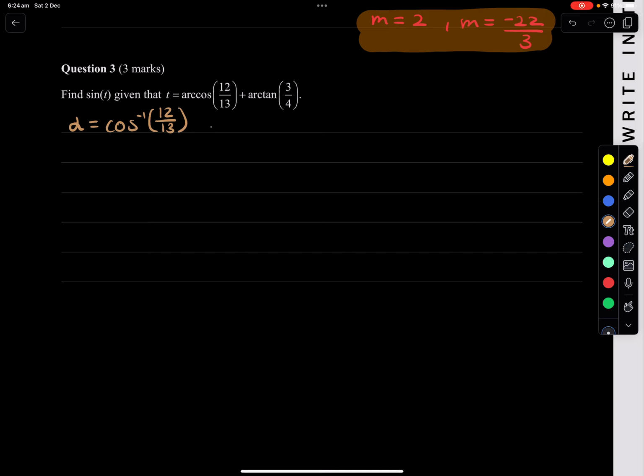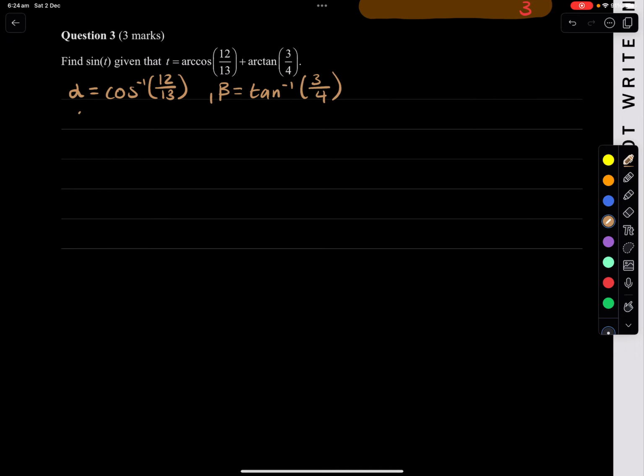And let's call beta another angle, which is this over here. So we're saying tan inverse 3 over 4. Hence t is just alpha plus beta, and we're trying to find sine of t. So sine of t is just sine of alpha plus beta, which again, use your compound angle formula.